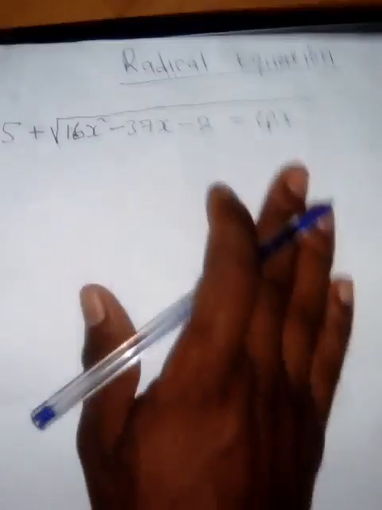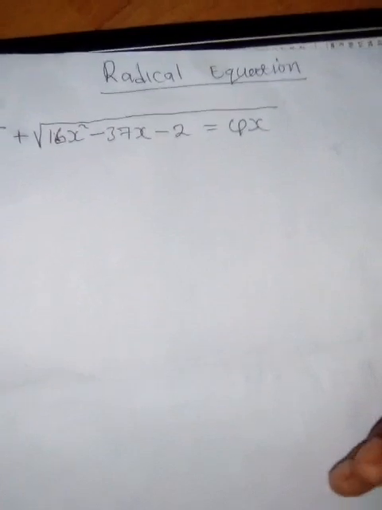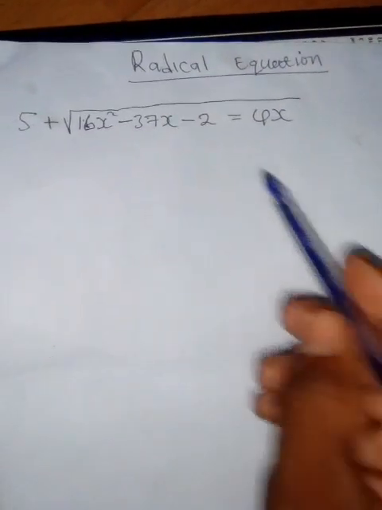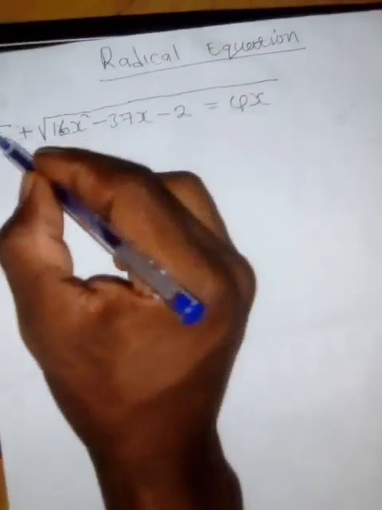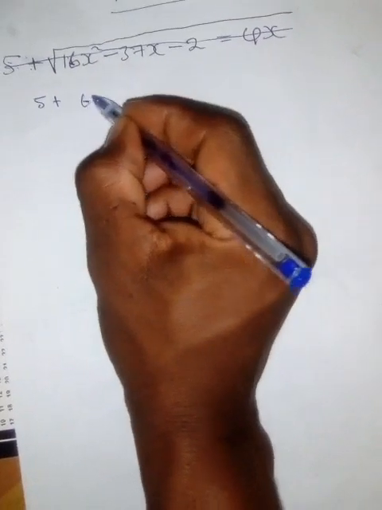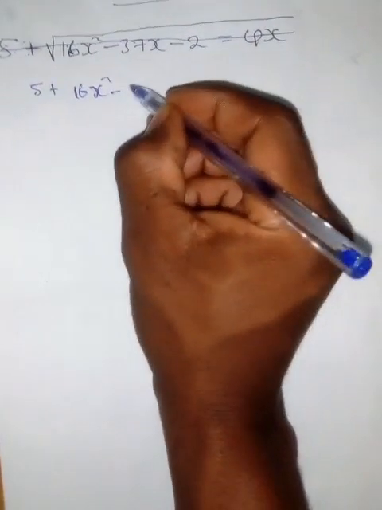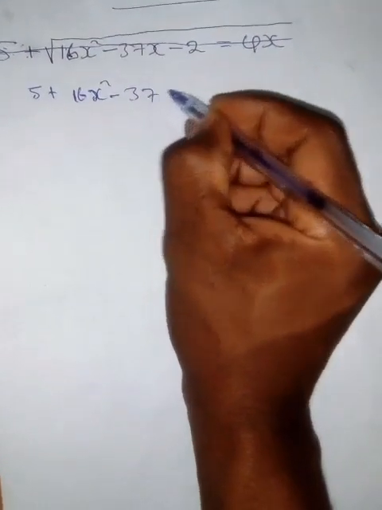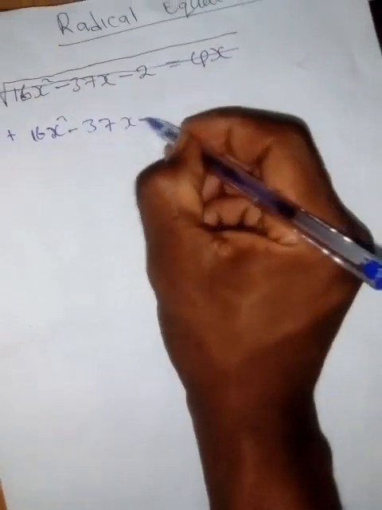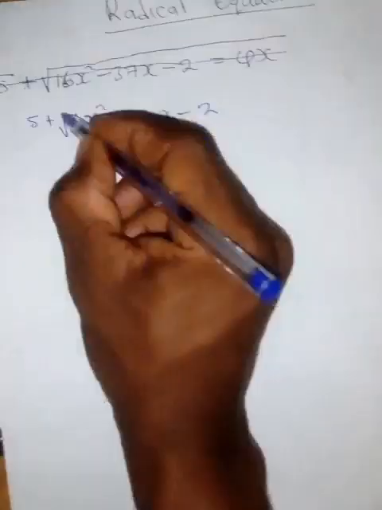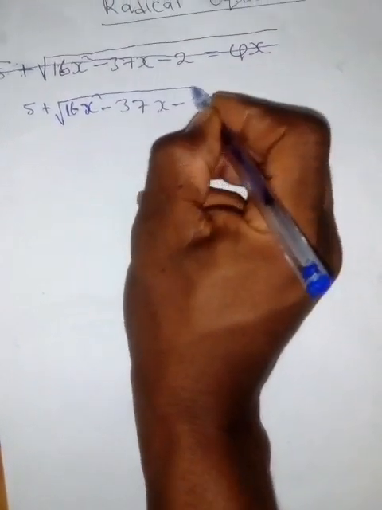So now when you look at this question, it's not supposed to be like this. The question is 5 plus the root of 16x squared minus 37x minus 2, then equals to 4x.